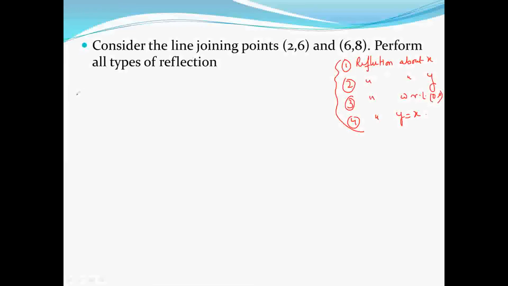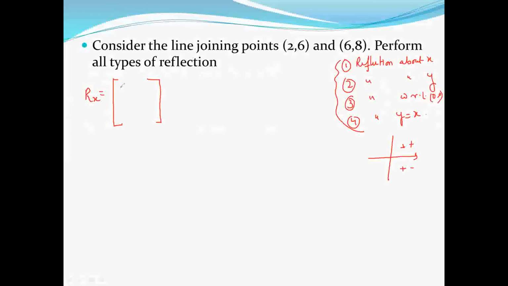So before performing the operation, what you have to write? You write down the reflection matrix. Let us say Rx is the reflection matrix with respect to x-axis. While you are reflecting with respect to x-axis, what is your reflection matrix? Here the x will remain plus, but y is minus.